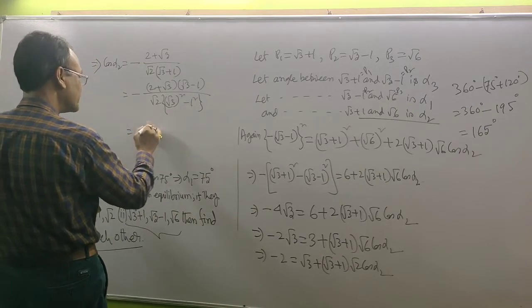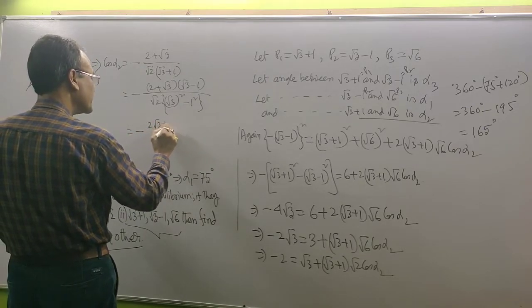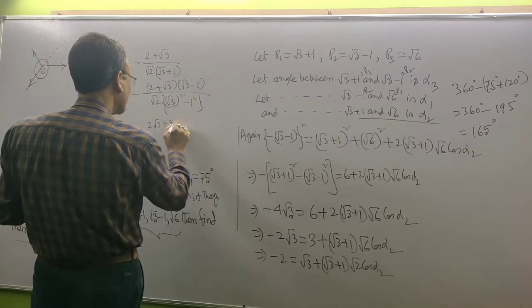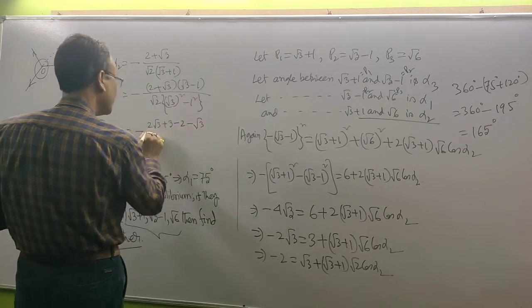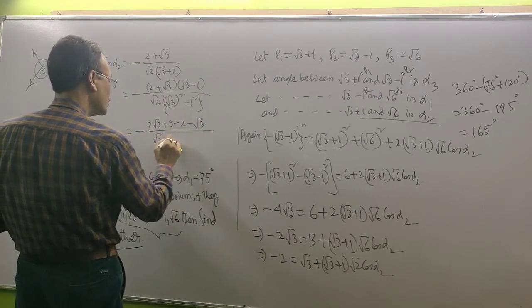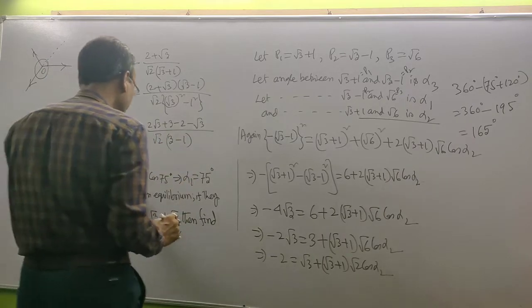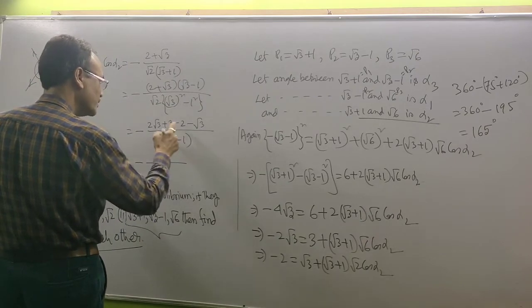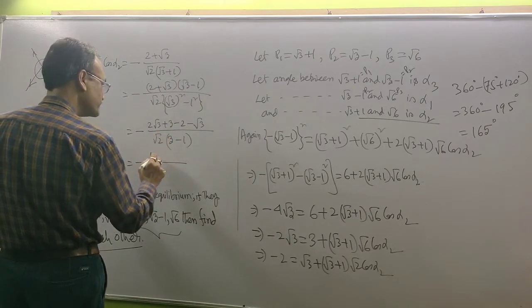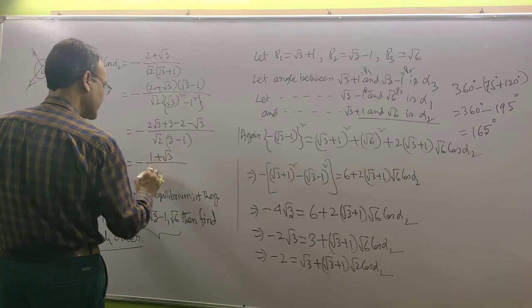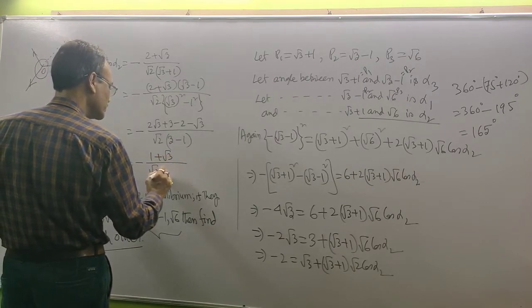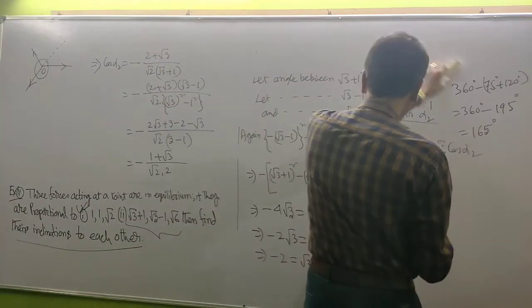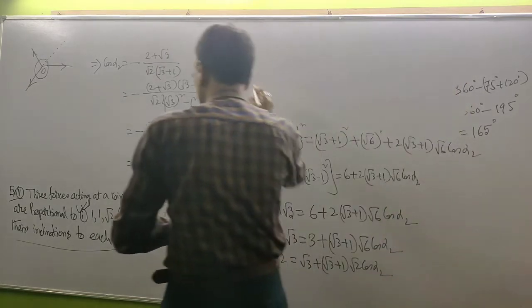Should be equal to minus 2 root 3 plus 3 plus minus 2 minus root 3 divided by root 2, 3 minus 1. This is equal to, you will get 1 plus root 3 divided by root 2 into 2.